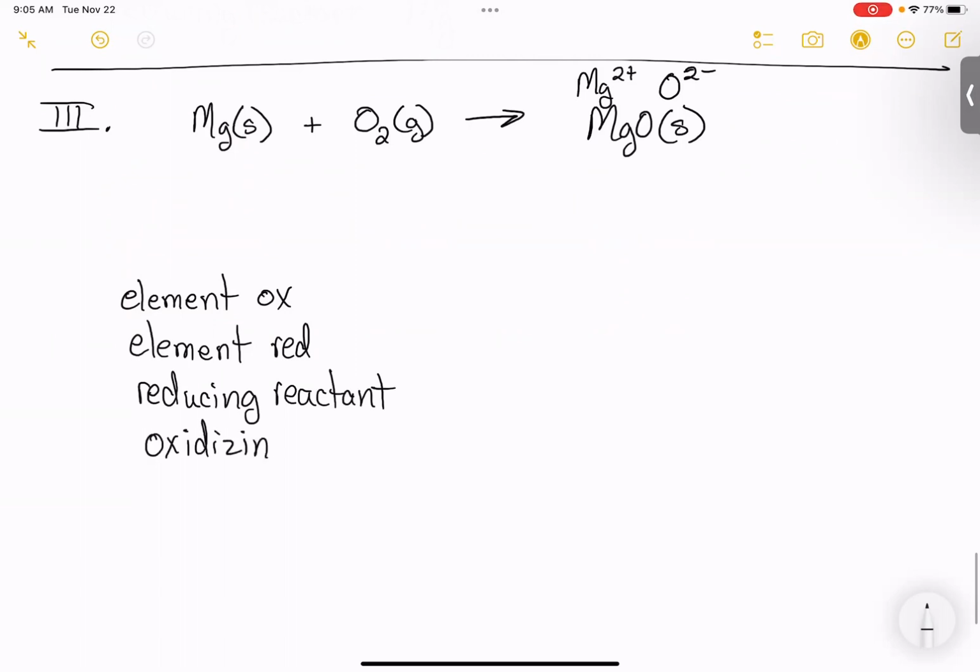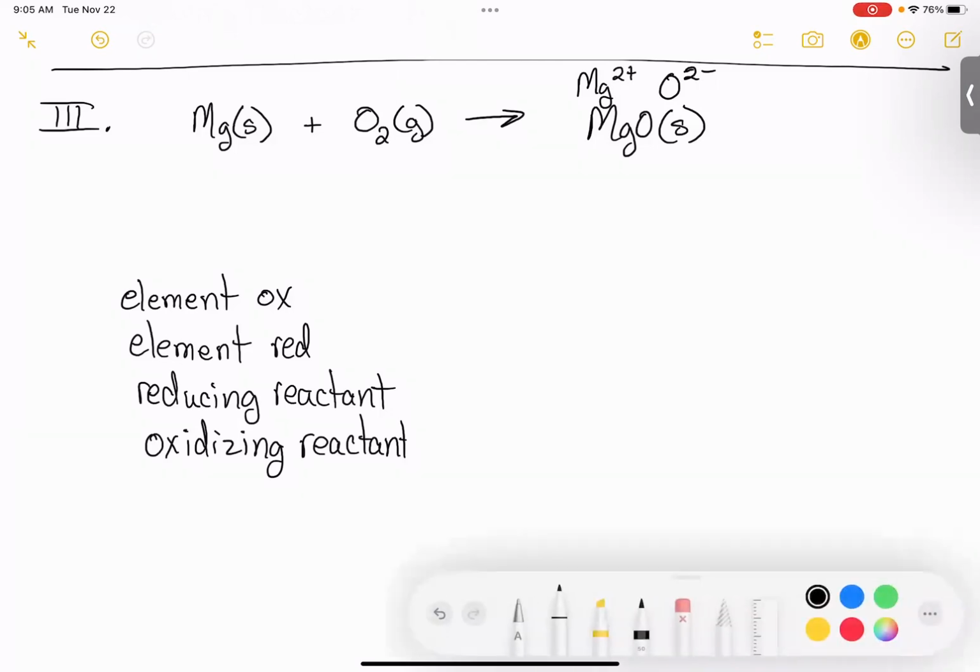Now, maybe not in that order. I can't remember how it's listed on your lab handout, but you're asked for those 4 things. If I'm going to figure out these 4 pieces of information, what's the first step? Oxidation states.